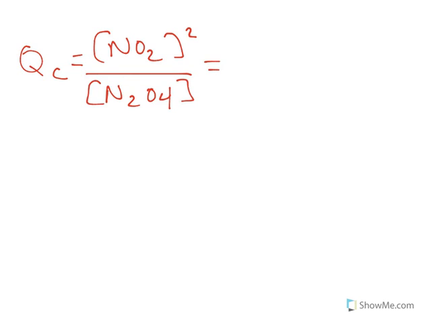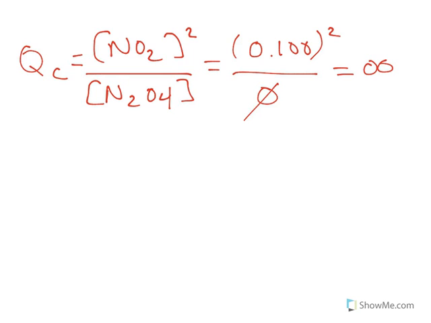And our NO2 was 0.100 squared over 0. You can't divide by 0, right? Well, you can because you essentially approach infinity, all right? So what is the value of Qc? It's infinite, right? So it's gigantic.